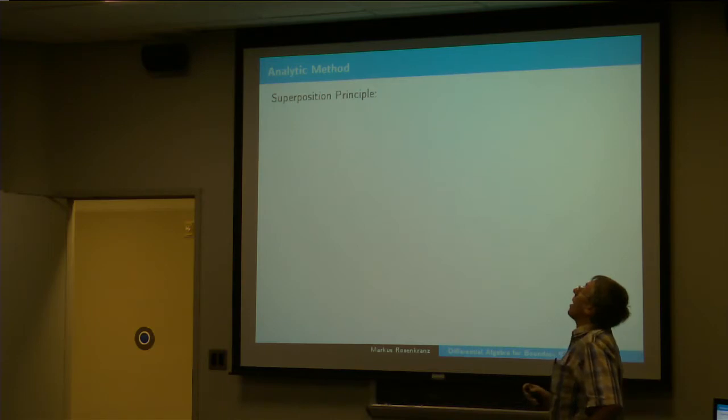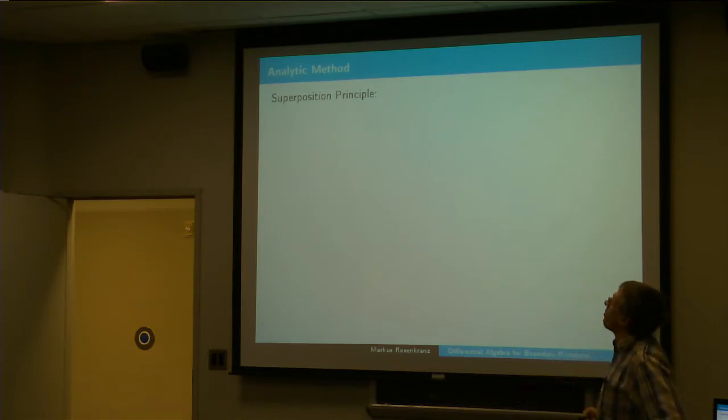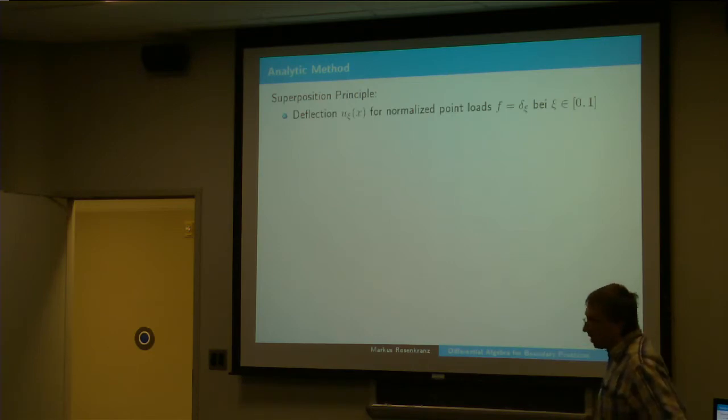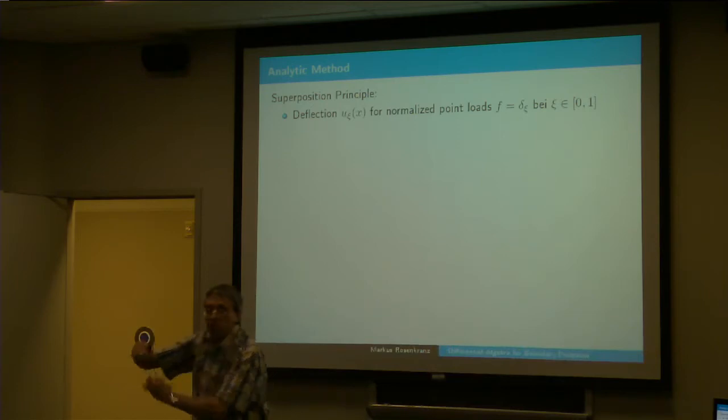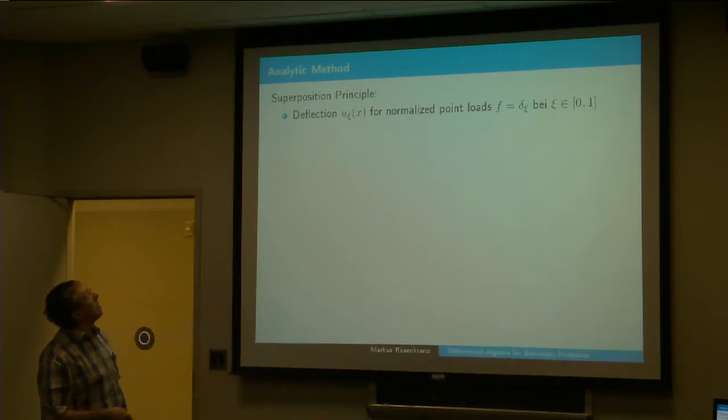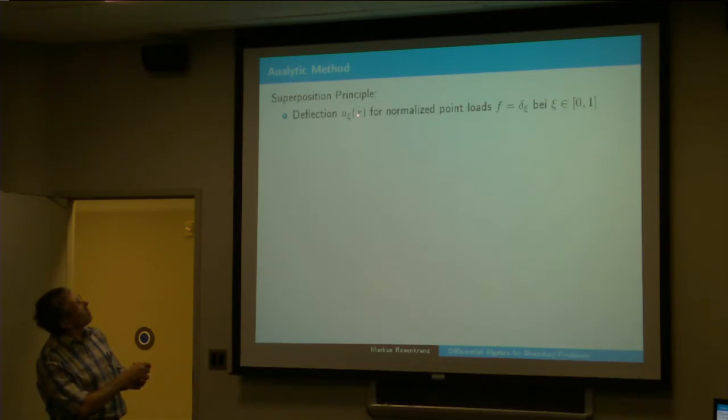Okay, so the analytical approach to this is, you would say, okay, there's a superposition principle here, and this superposition principle says that each of the forces at each of the points act independently, so that, for instance, the deflection at the point x, so this Roman x denotes the point at which we are looking to measure its deflection.